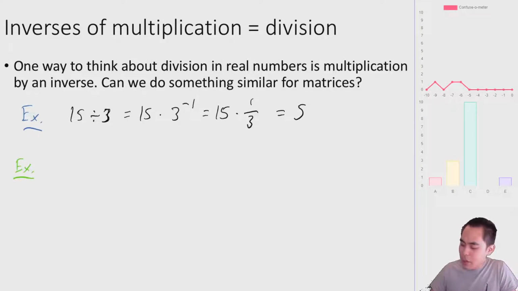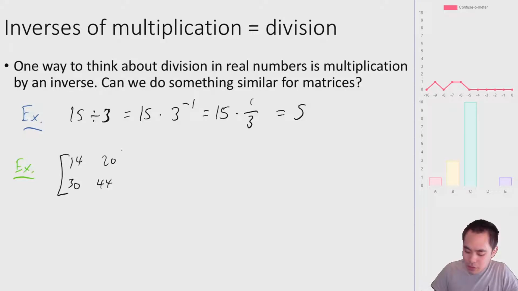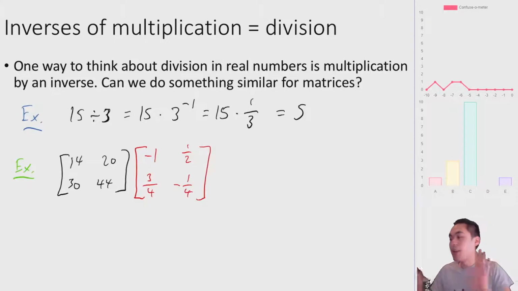I'm going to magic up a matrix, which I'm going to call the inverse of 2, 4, 6, 8. We're going to talk about how we come up with these matrices later, but let's say we have 14, 20, 30, 44, and I'm going to multiply it by the matrix minus 1, 1/2, 3/4, and minus 1/4. Don't worry, I just pulled this matrix out of thin air, so don't be surprised if this doesn't make any sense yet.